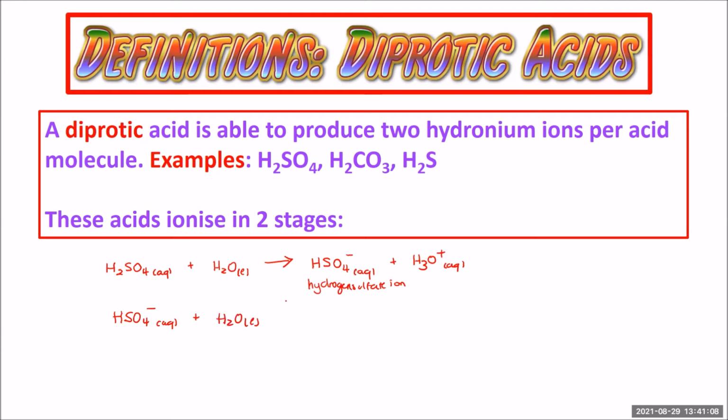The hydrogen sulfate ion is a weak acid, so we're going to use the equilibrium arrow. And we're going to get the conjugate base of the hydrogen sulfate ion. So we lose a hydrogen, lose a positive charge, and we end up with the sulfate ion and another hydronium ion.